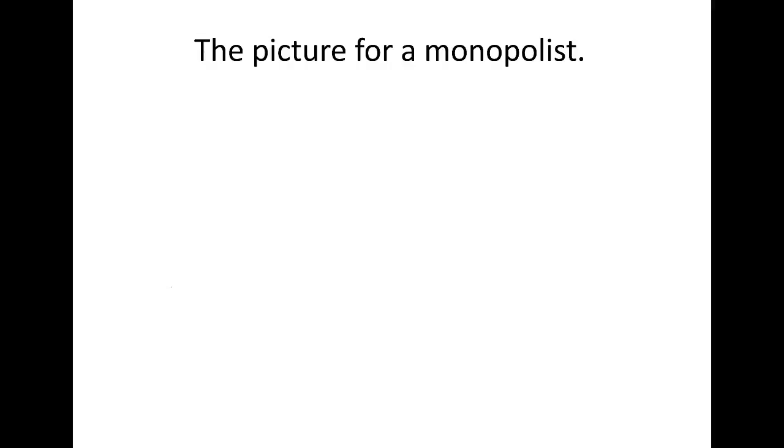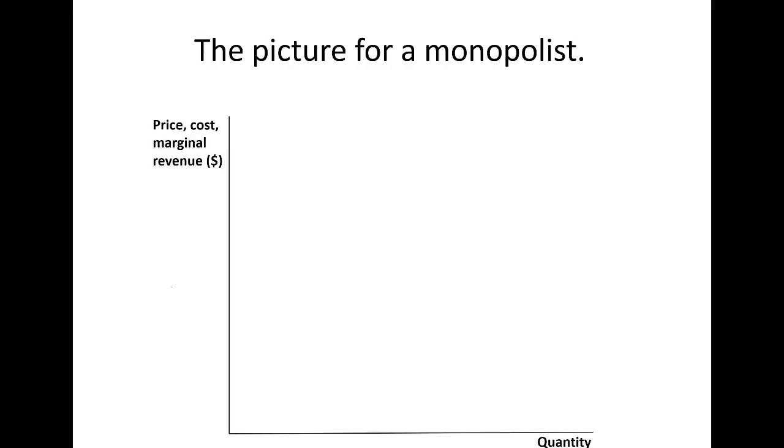So let's just take a moment to draw out the profit picture, or the decision-making picture, for a monopolist, like we did for perfect competition. So we'll start out by just drawing our price and quantity axes, and then we'll draw the revenue curves in.